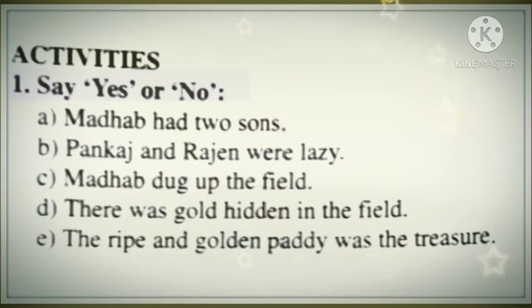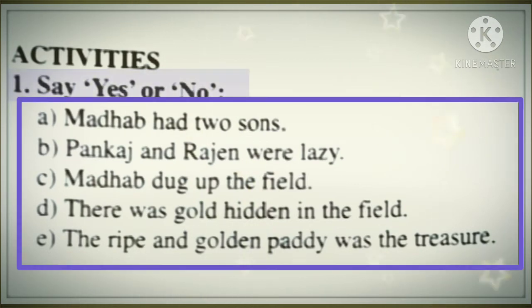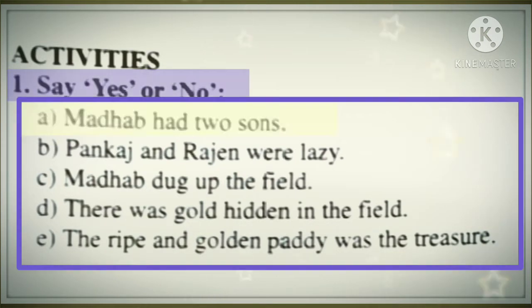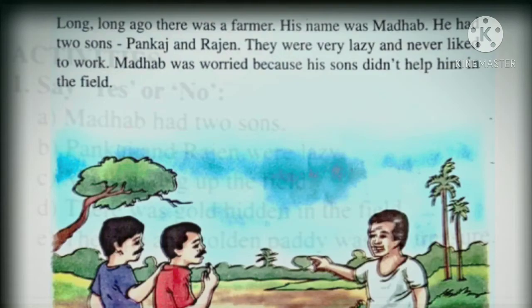Say yes or no. Students, here below you are given 5 statements and you are asked to say whether each is correct or wrong. A. Madhav had 2 sons. Students, notice here the first page of the story.